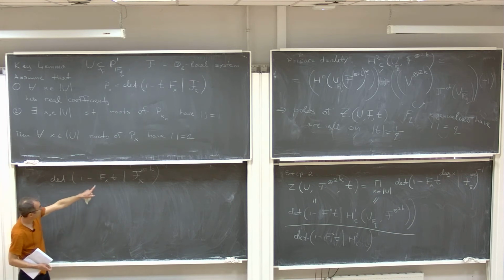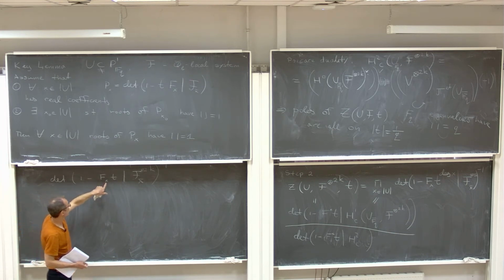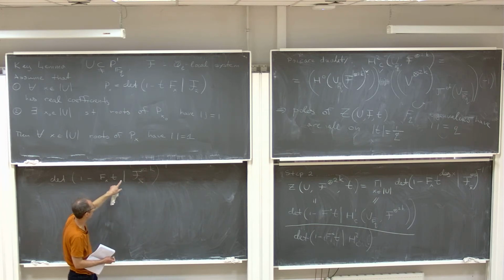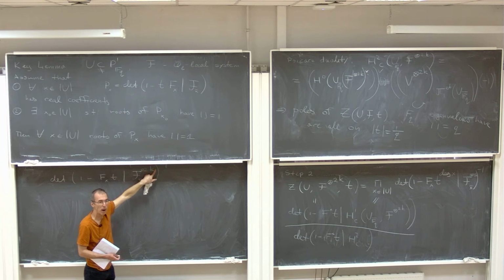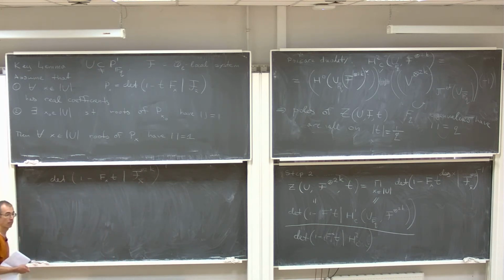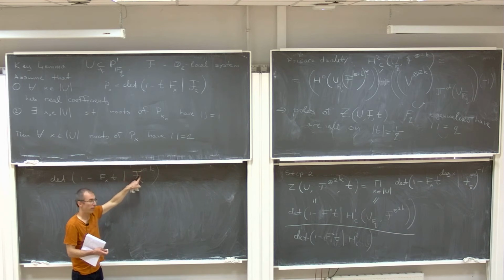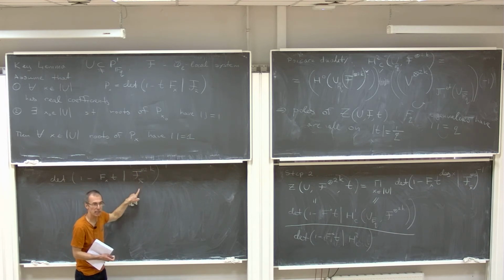So the absolute value of the Frobenius acting on the fibers are real numbers. That means that if I consider the absolute value of the Frobenius acting on the 2kth power, they're all going to be positive numbers, right? Because this is just the 2kth powers of the absolute value of the Frobenius acting on this space.